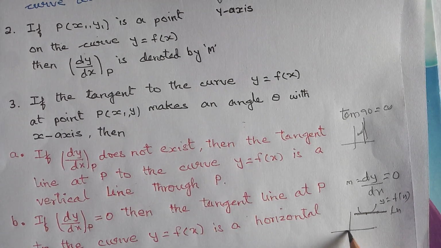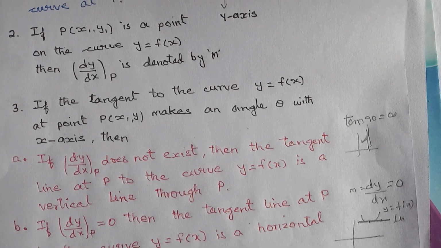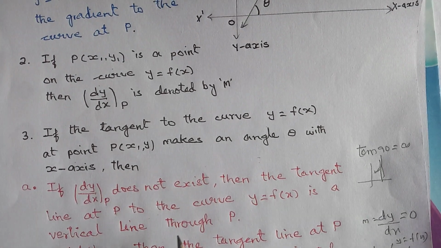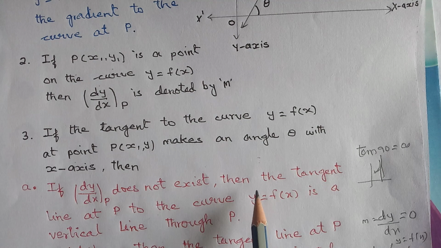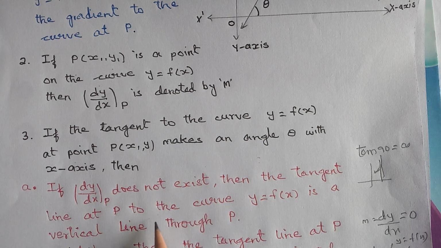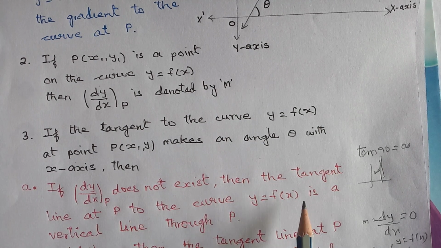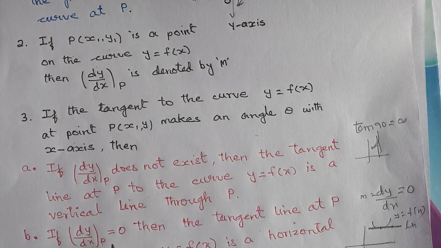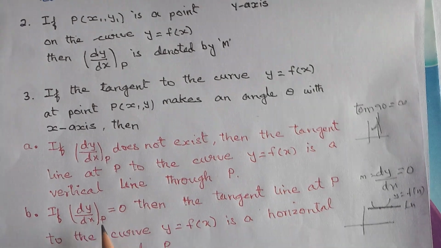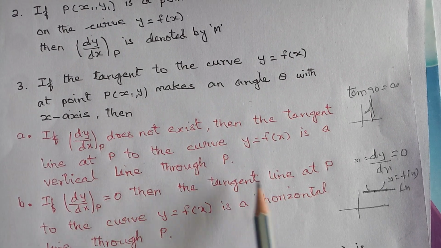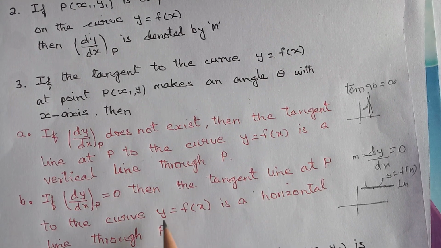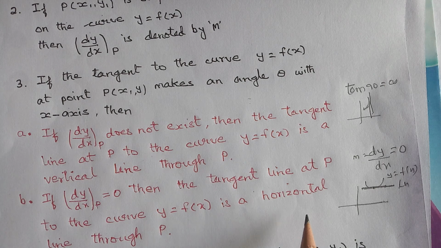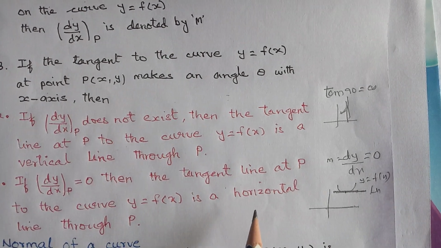So if dy by dx does not exist, then the tangent line at P to the curve y equal to f of x is a vertical line through P. Similarly, if dy by dx equals 0, then the tangent line at P is a horizontal line through P.